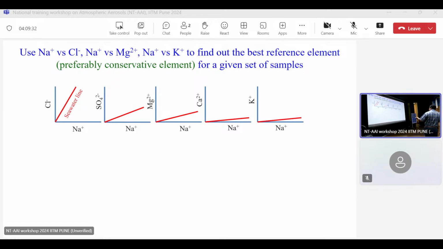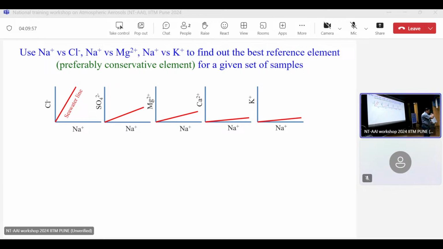So what one should do is throw whatever sodium chloride points we have on these plots. Take everywhere, if the points are falling above this red line, it has some meaning, and in some cases points are falling below this line, then also it has.